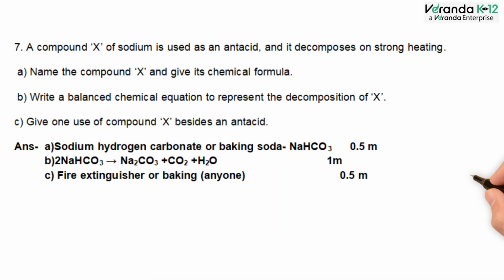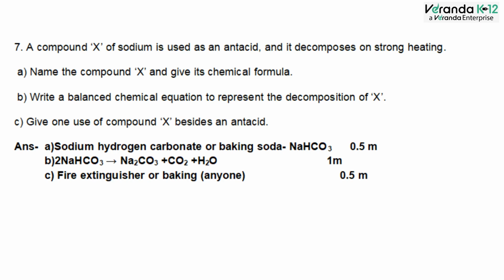Question 7. A compound X of sodium is used as an antacid and it decomposes on strong heating. Question A. Name the compound X and give its chemical formula. Answer will be sodium hydrogen carbonate or baking soda, NaHCO3.